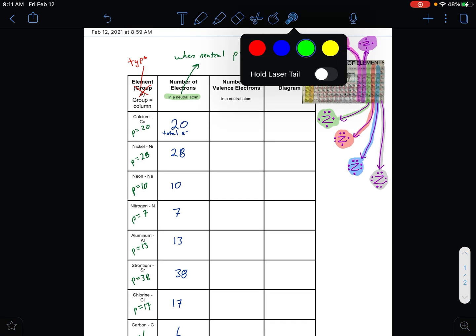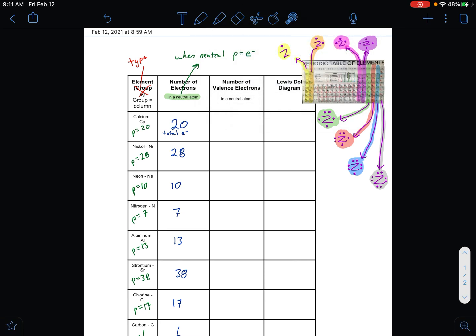And the trend is that any element in column 1, otherwise known as group 1, or the alkali metals, they all have one valence electron. Any element in group 2, alkaline earth metals, have two valence electrons.